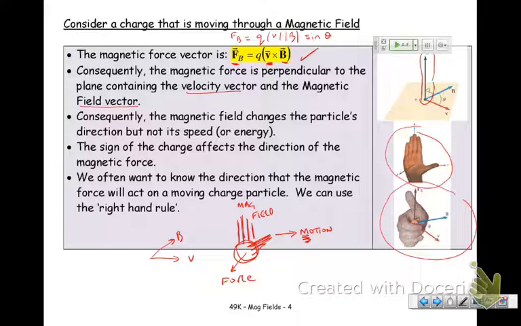And notice that I'm actually talking in terms of the order of my cross product from the very beginning. Consequently, the magnetic field changes the particle's direction, but not its speed. So if you have a particle in a magnetic field, it goes in a circle, but it does not speed up.